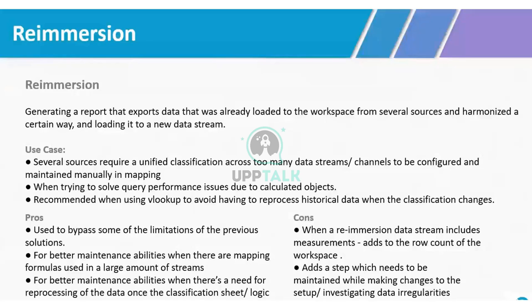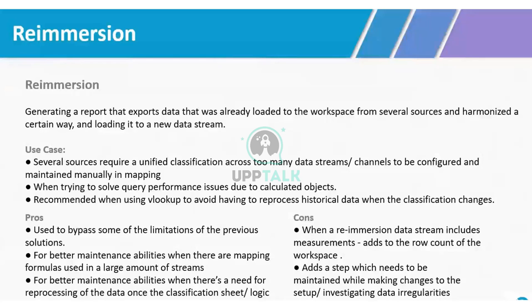Say suppose you have a classification sheet, and then you have used your harmonizations on that, so the classification is implemented. Now tomorrow, and you have done it based on your calculated measurements, dimensions, parent, child, and all those things.